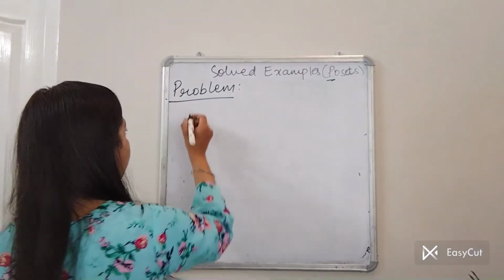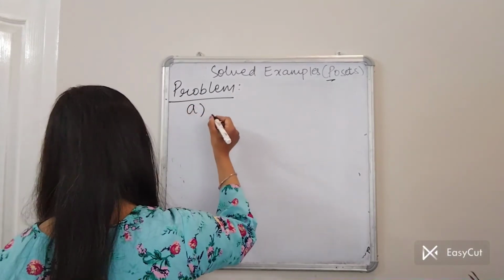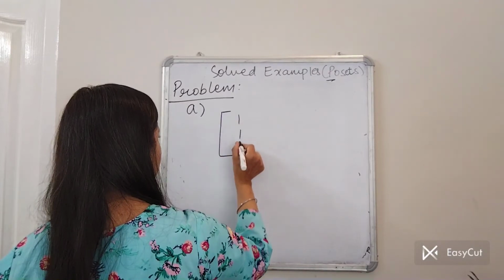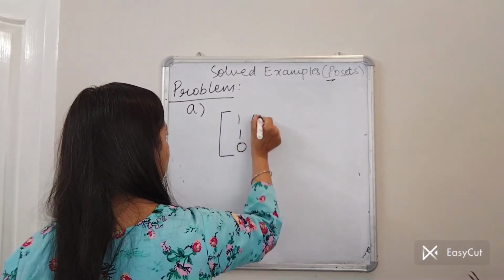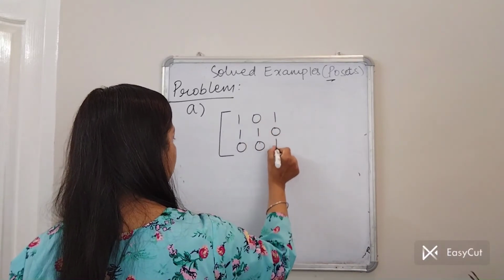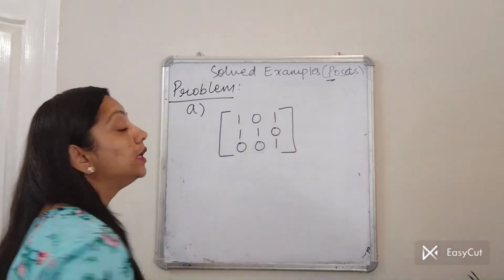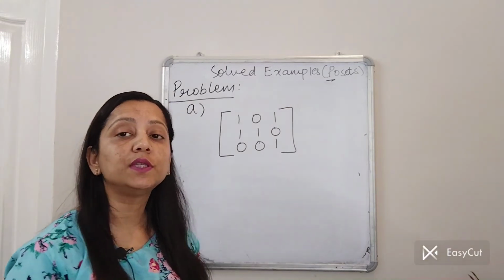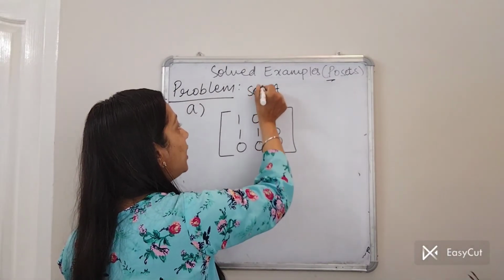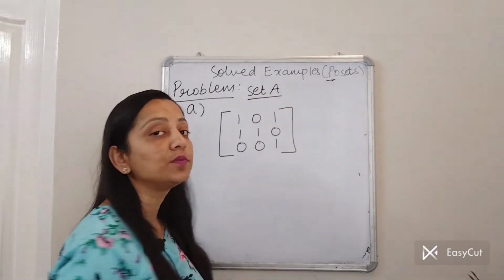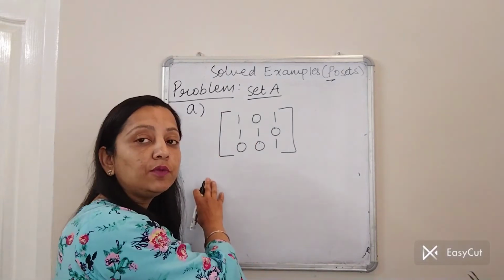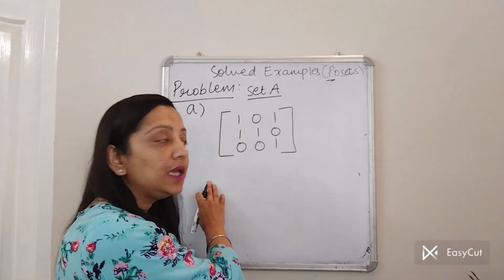Let's see. The first matrix that I'm given here is this one. Now I know that this relation is on set A. So I know that this relation R is from set A to itself. That means the rows and columns will be of the elements from set A itself.